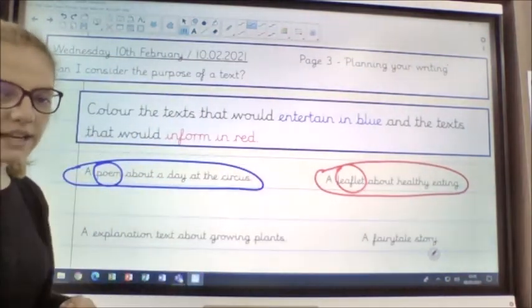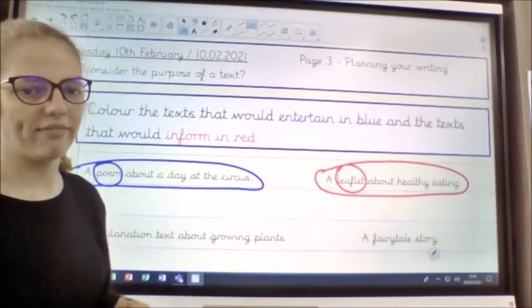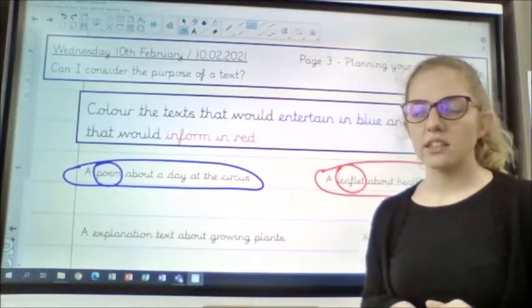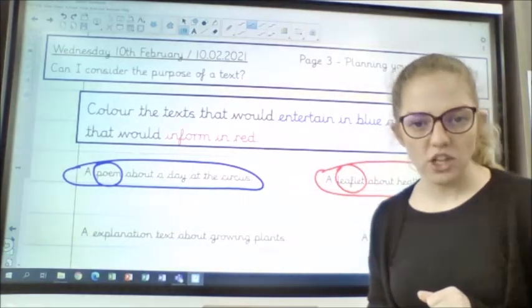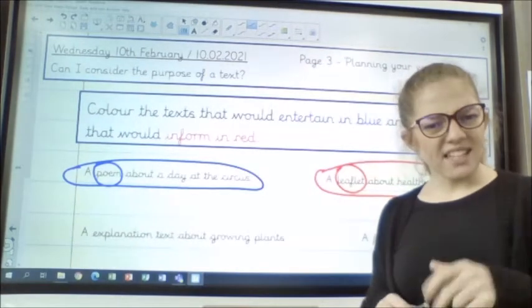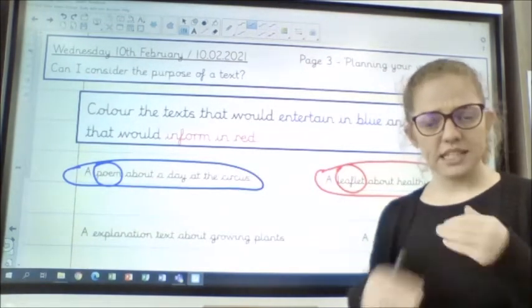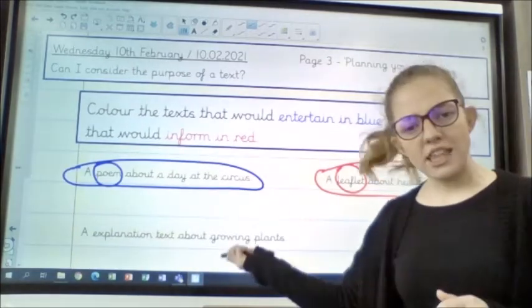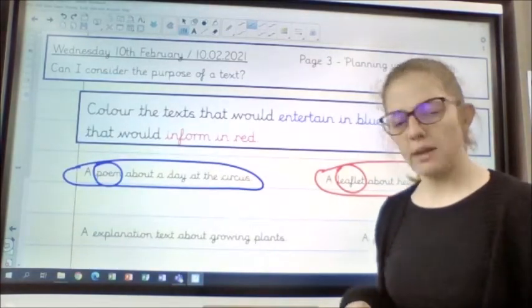Okay, an explanation text about growing plants. So we've already written explanation texts and we all know that they are non-fiction texts. We also know that an explanation text perhaps teaches us some new things that we didn't already know. So I think that this one is also to inform.